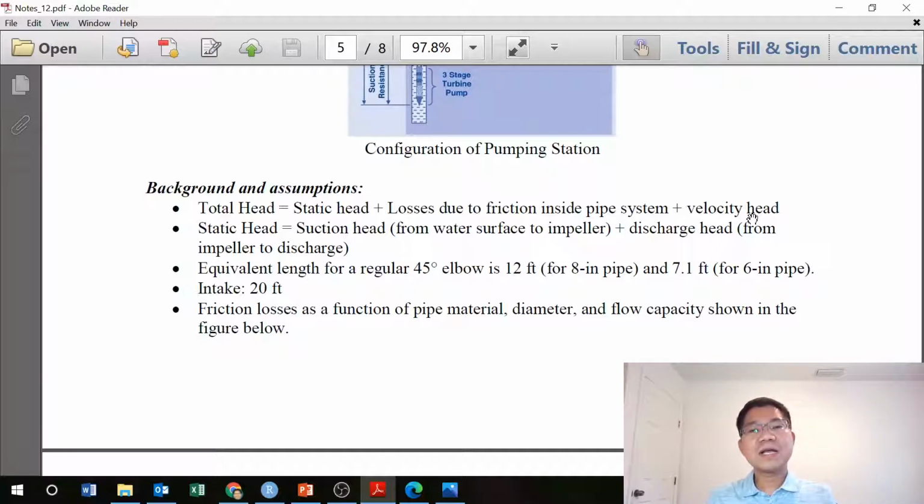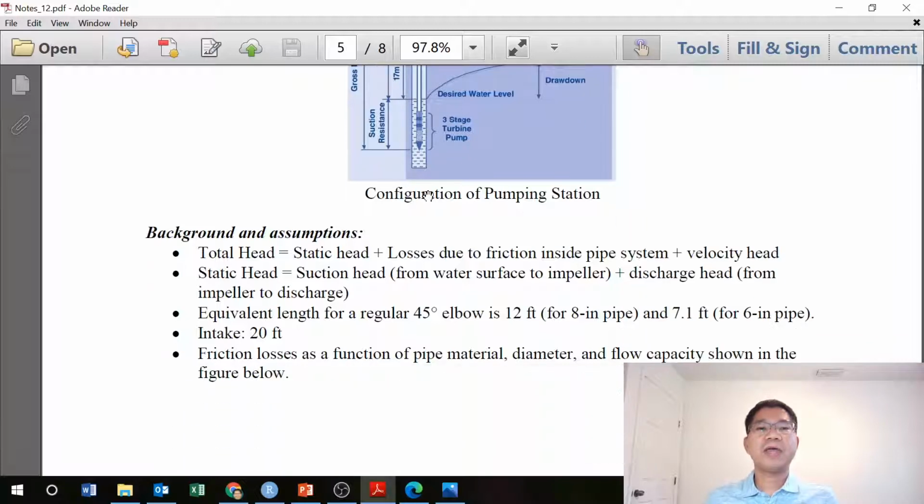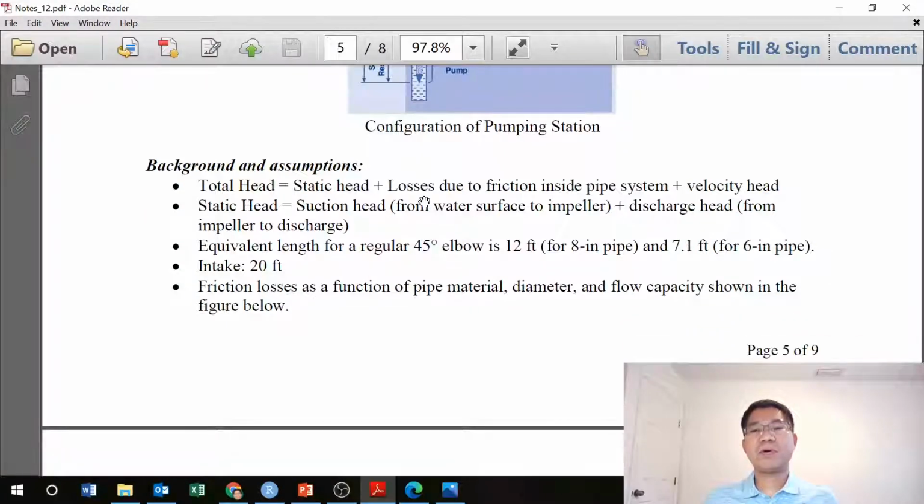And static head equals the suction head from the water surface to the impeller, and the discharge head from the impeller to the discharge. So as you can see, static head is defined from here, and then this step. Okay, and then the equivalent length of the regular 45-degree elbow is 20 feet for the 8-inch pipe and 7.1 feet for the 6-inch pipe.